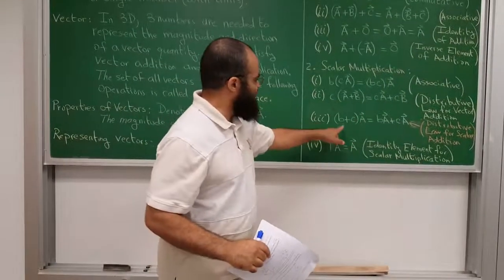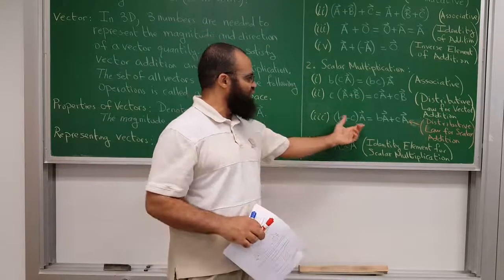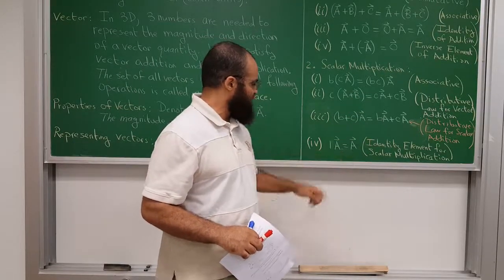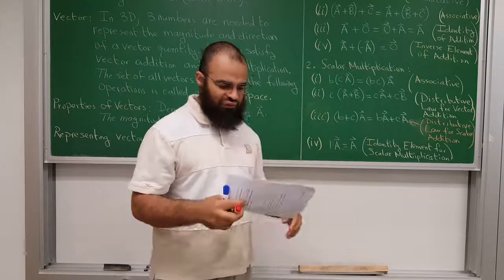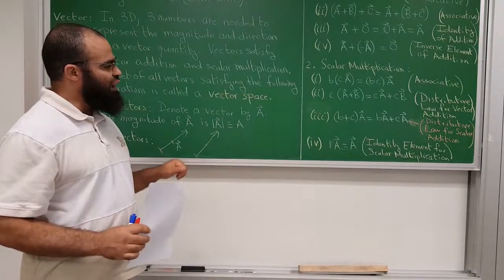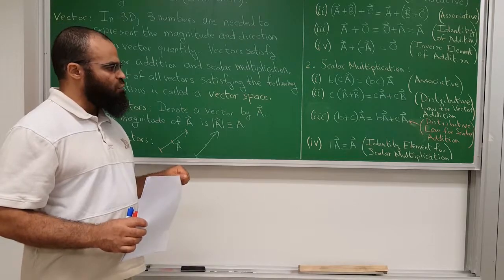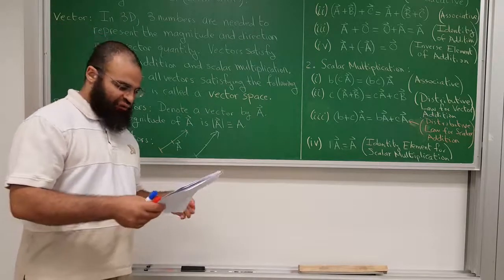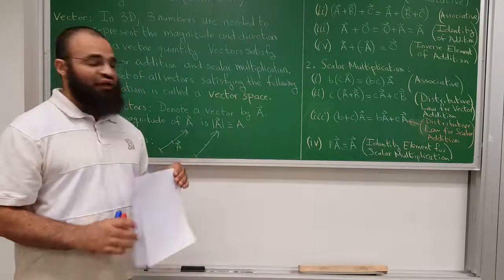And then it's distributive with respect to vector addition, and distributive with respect to scalar addition, and then there is the identity of multiplication. 1 times A is equal to A. So I'll not spend too much time on those. I want to now get to coordinate systems and how to set one. And then we will talk about how to deal with vectors operationally.